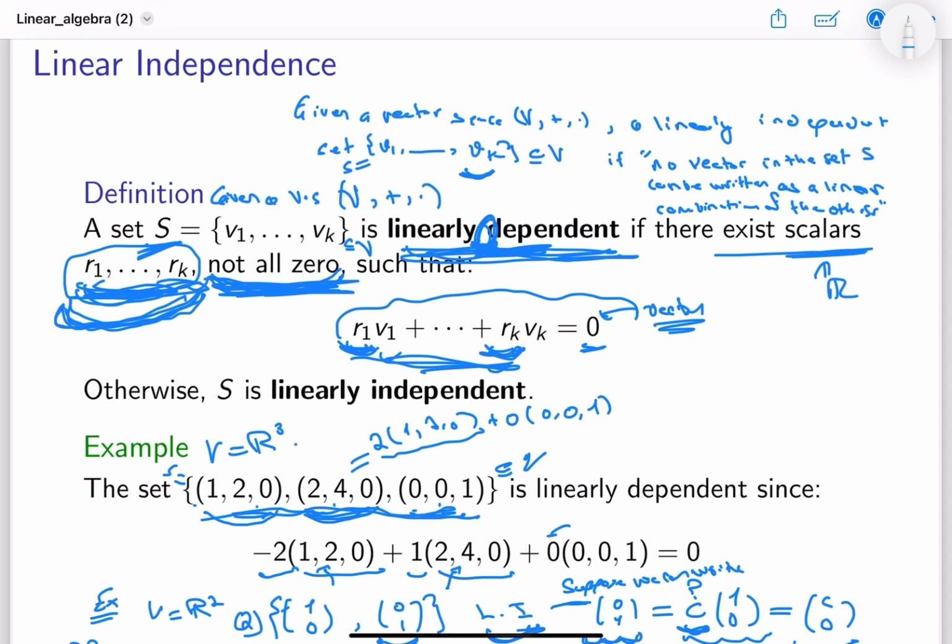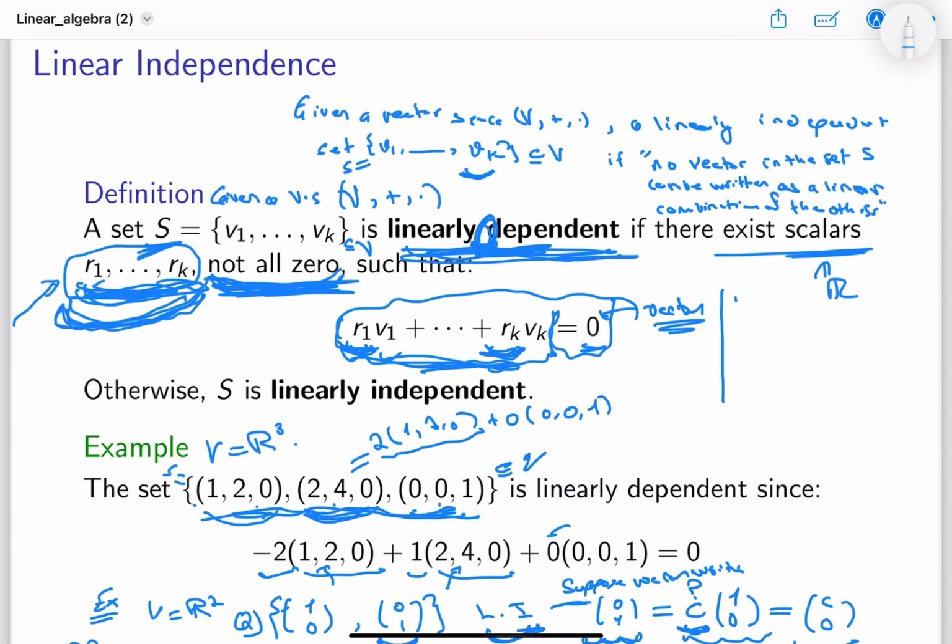Otherwise, we say that the set is linearly independent. But what does that mean? It means that if you take such a linear combination and it is equal to 0, then it must be that all of these are zeros. So maybe it's worth stating this here.